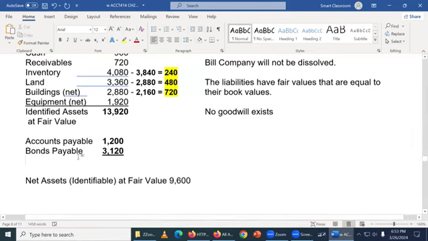Okay, so bonds, the total. I'm just gonna abbreviate this as fair value, if you don't mind. So 4,320. So 13,920 minus.